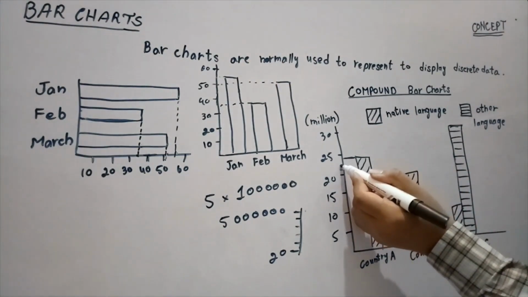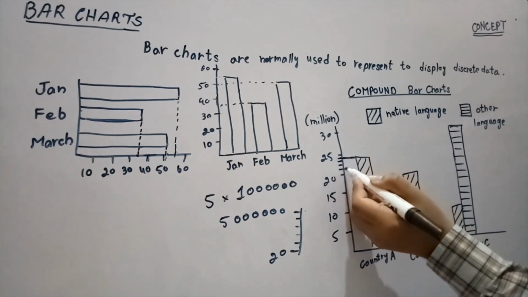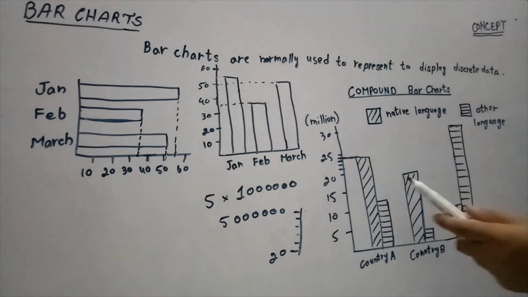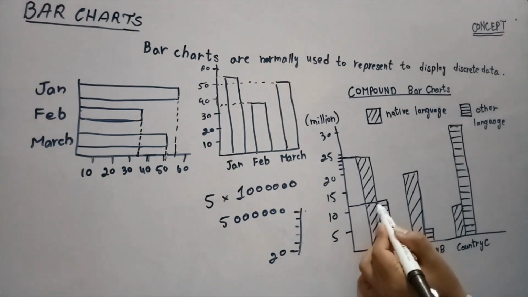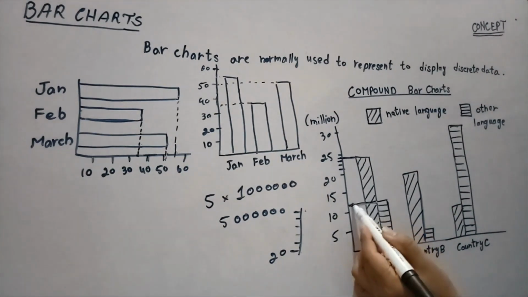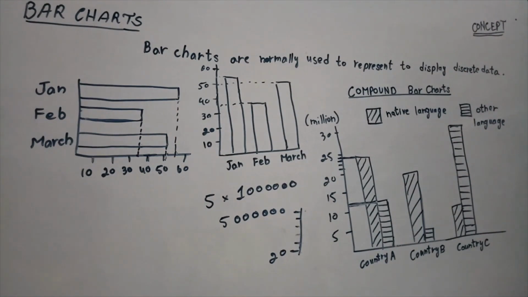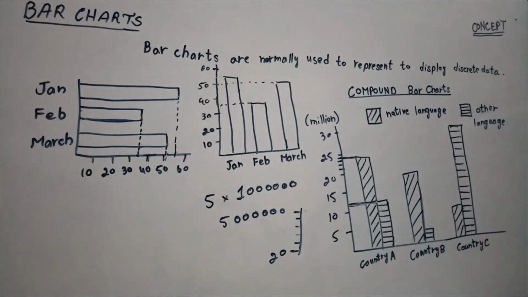Let me draw it. Clear? So it is approximately 24 million. So in country A there are 24 million people who speak their native language, and it is approximately around 12 million people in country A who speak a language other than the native language.